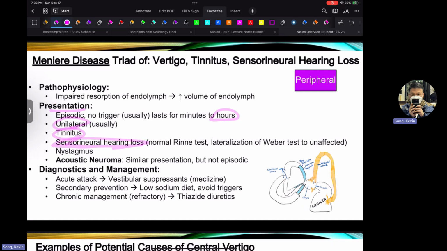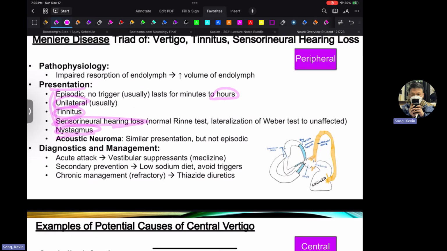Basically all things concerning the ear. Also it occurs with nystagmus. So nystagmus, it's this thing.